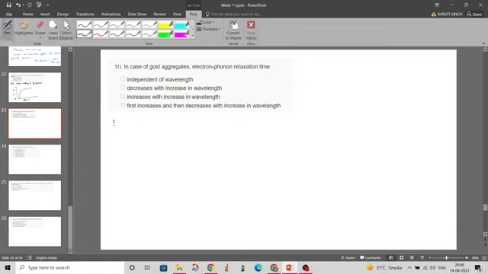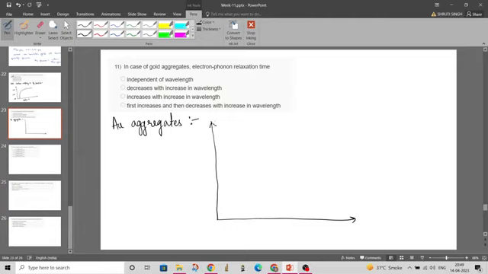So for Au aggregates, the relaxation time versus wavelength comes like this.